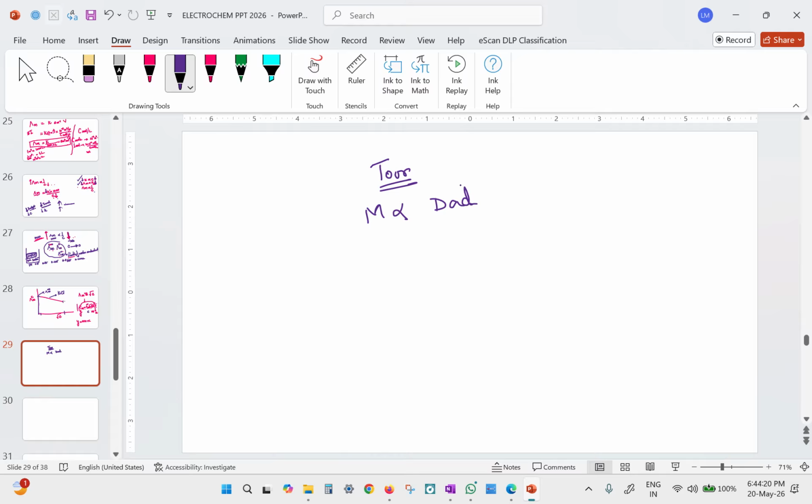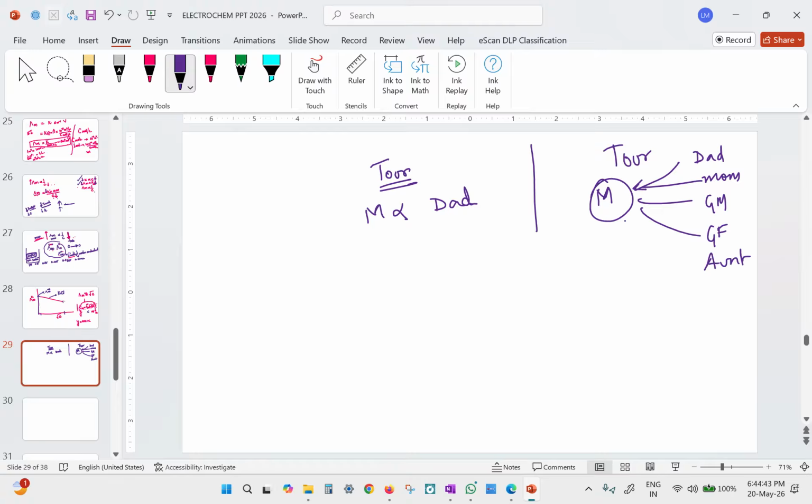Yes, ma'am. It is linearly proportional. Another family tour: this fellow is going to the tour. The money with him comes from dad, mom, grandmother, grandfather, and aunt, uncle, and so on.